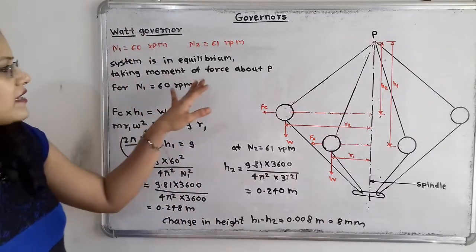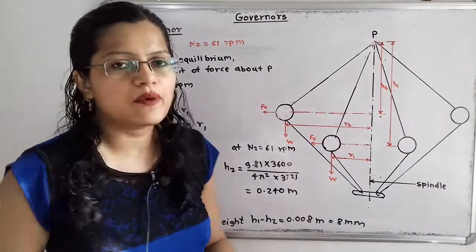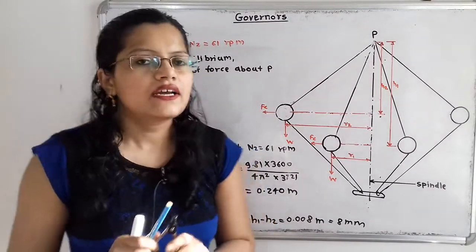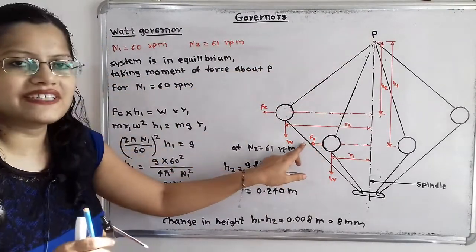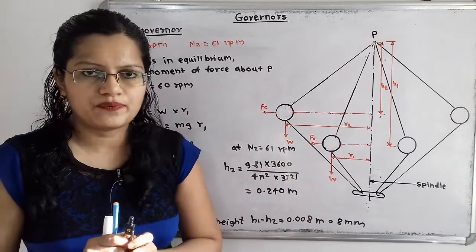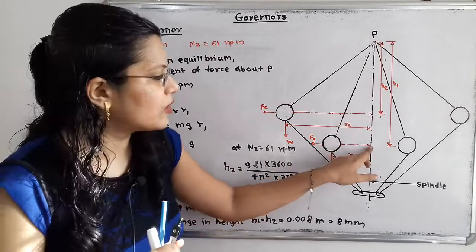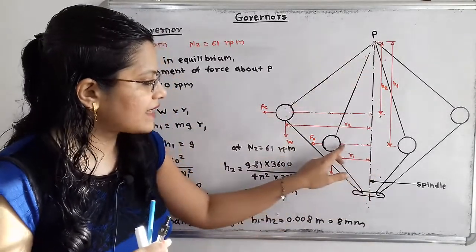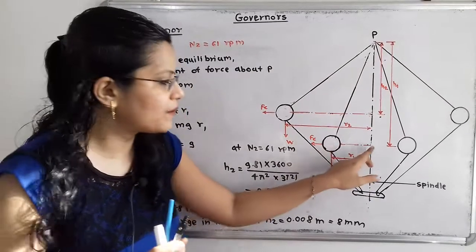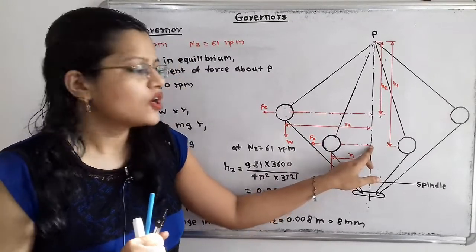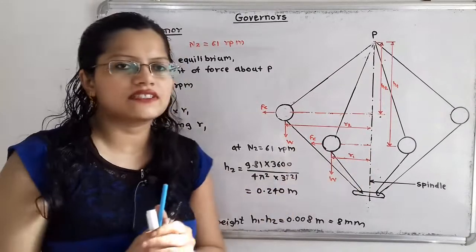Then we take moments of forces about the pivoted point P. This is the pivoted point P, about which we take moments for the centrifugal force as well as the weight W. When I draw a horizontal line through the center of the fly ball, it meets the vertical spindle axis, and this horizontal distance is r1.